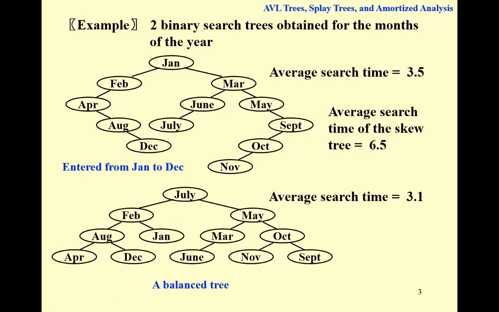So if we don't input January first, if we input July first, and February next, and so on and so forth, if we can carefully design the input sequence, then hopefully we can obtain a quite balanced tree. But I have to say that this is not a realistic solution. Because what? Because life is like a box of chocolate. You never know what's going to come next, right?